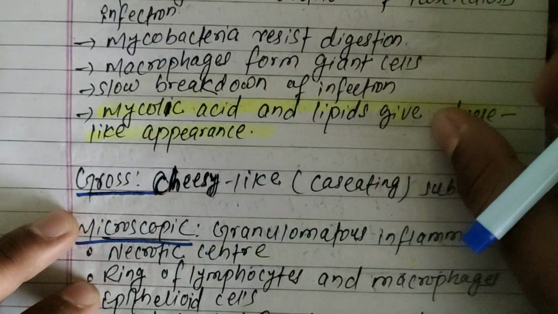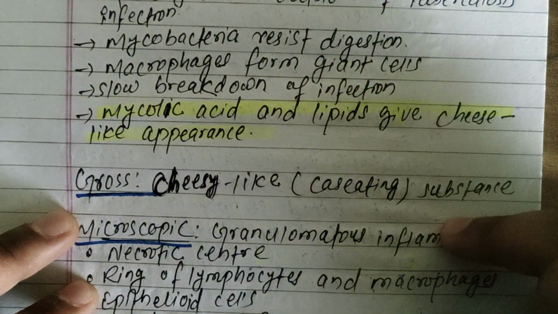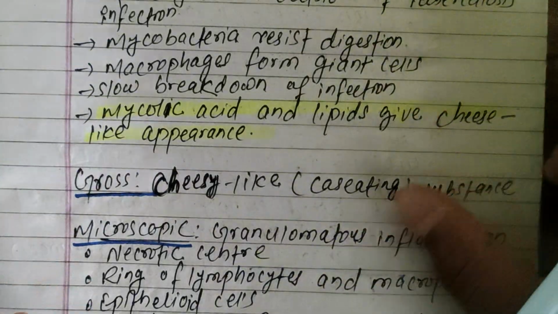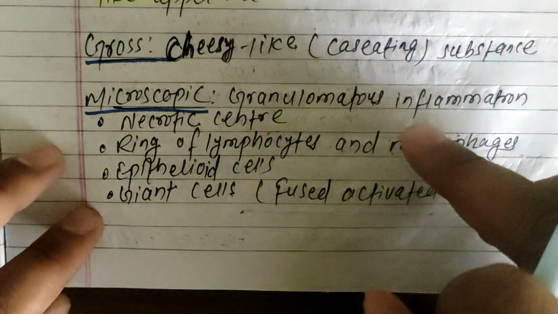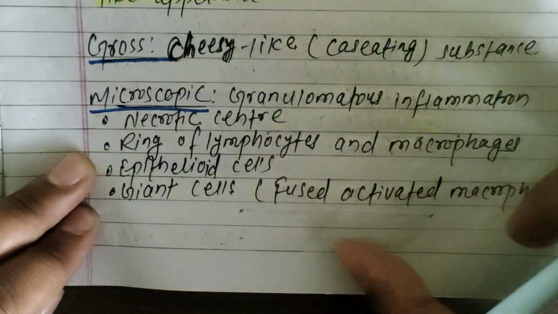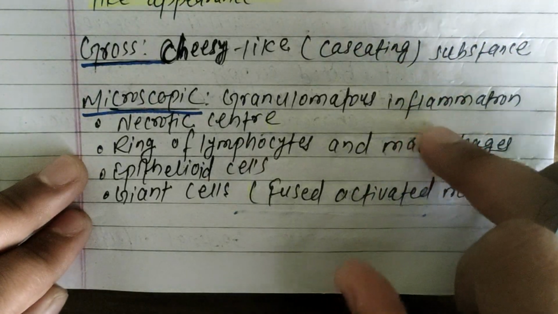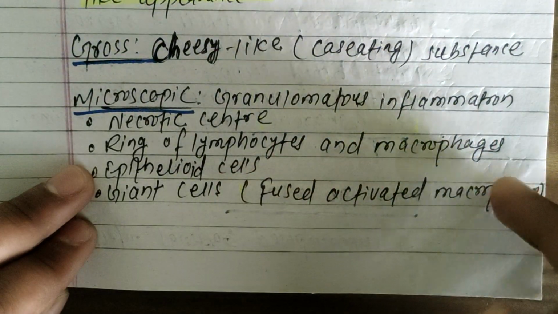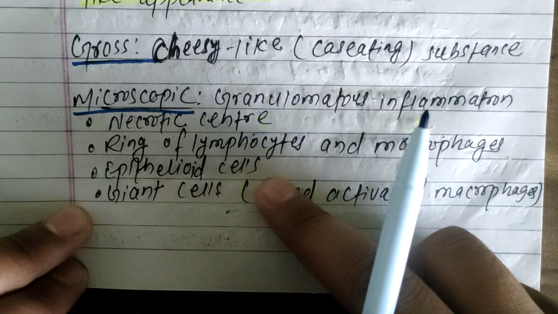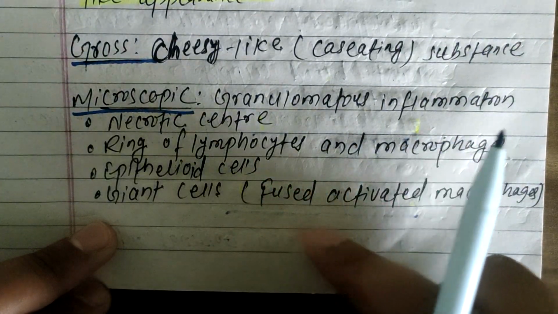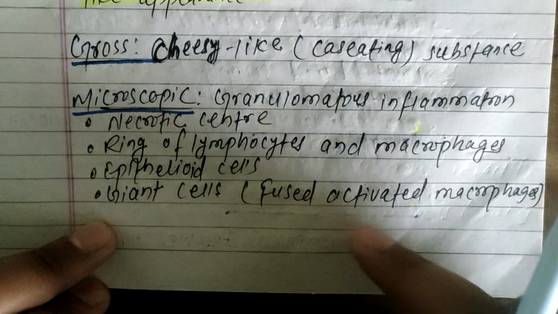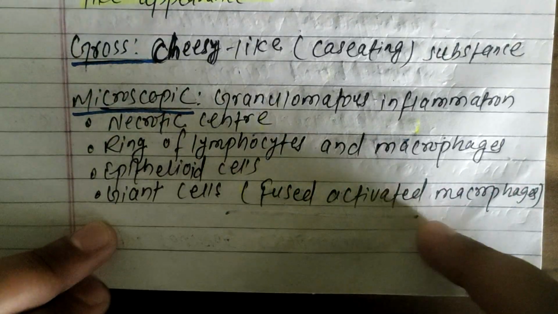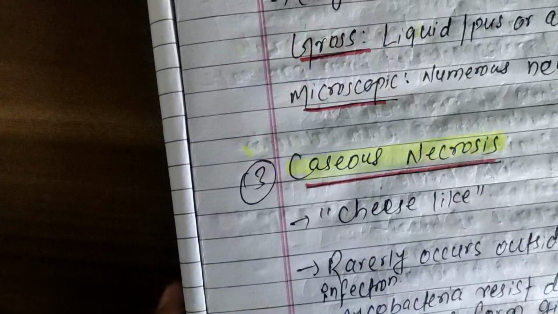Grossly, we will see the cheesy caseating substance, and microscopically we will see granulomatous inflammation. In the granulomatous inflammation, there is a necrotic center. There is a ring of lymphocytes, macrophages and epithelial cells, and there are giant cells. These giant cells are fused activated macrophages.